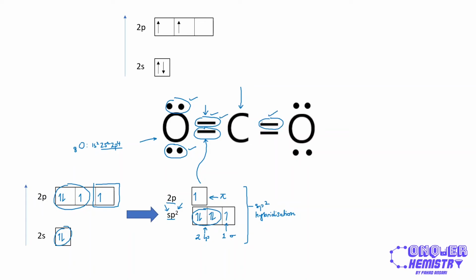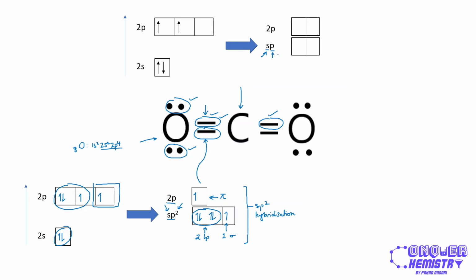So two sigma bonds and no lone pairs means that it needs two hybrid orbitals. That means we will have sp hybridization, because we will have one orbital from the s subshell and one orbital from the p subshell that goes into this.